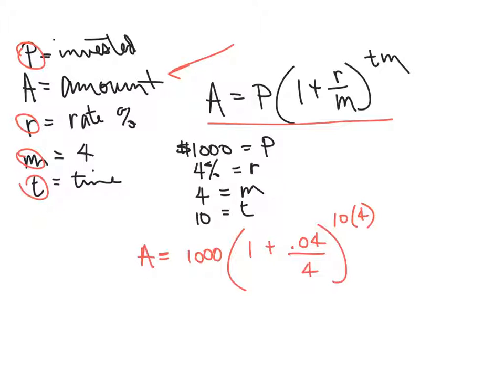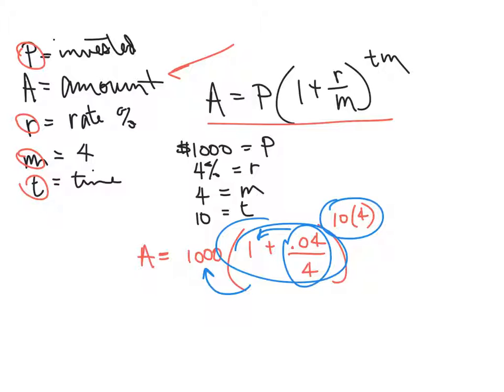I'm assuming that you can do that. You're going to start out with this, add 1 to it, take it to the 40th power, multiply it by 1,000. In that order, always. It's the whole PEMDAS. Everything in the parentheses first, and then after that, we do our exponents, and then we multiply. So it's the first 3, the PEM: parentheses, exponents, multiply.